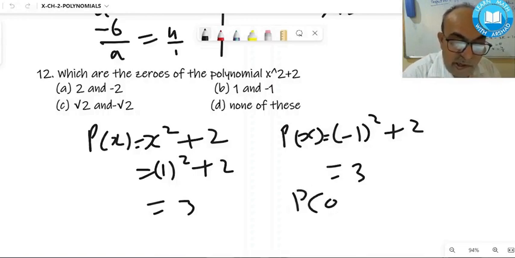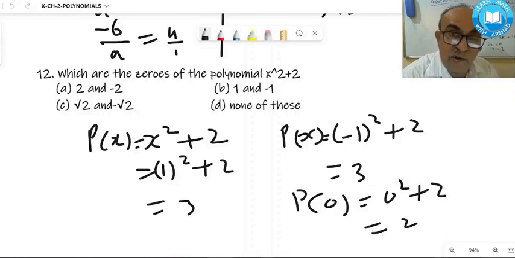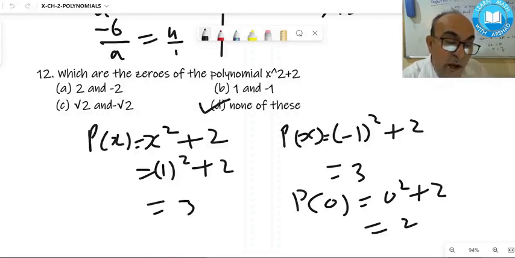If you write p(0), still it is not equal to 0. It is equal to 2. Minimum value is 2. So there is no value of x for which the value of this polynomial will be 0. It means this polynomial has no zero. So here the answer is none of these. Otherwise they can give one option: it has no zero.